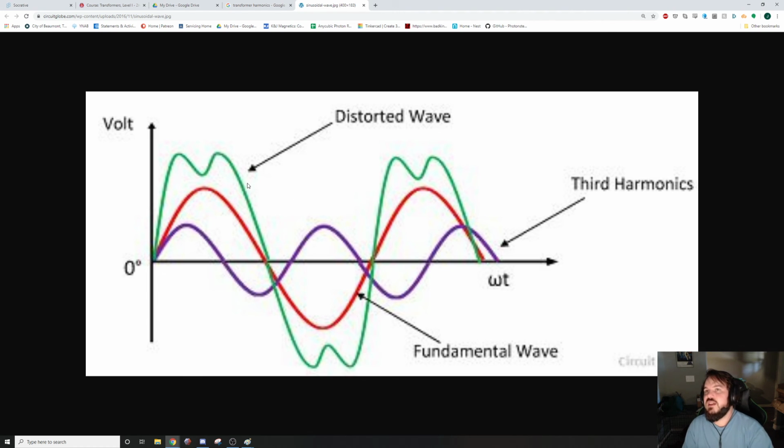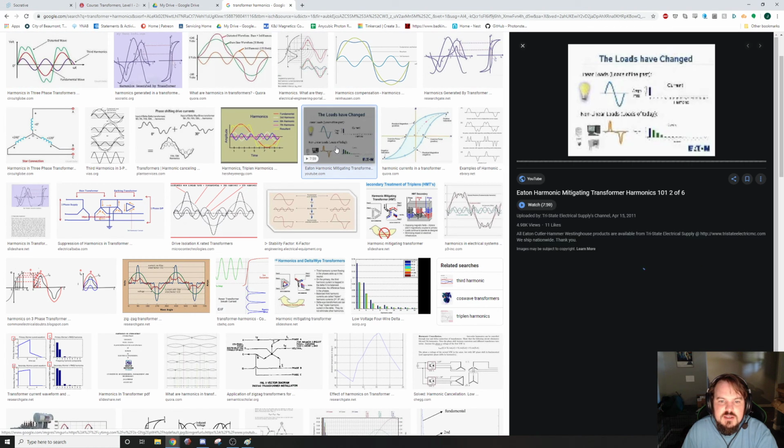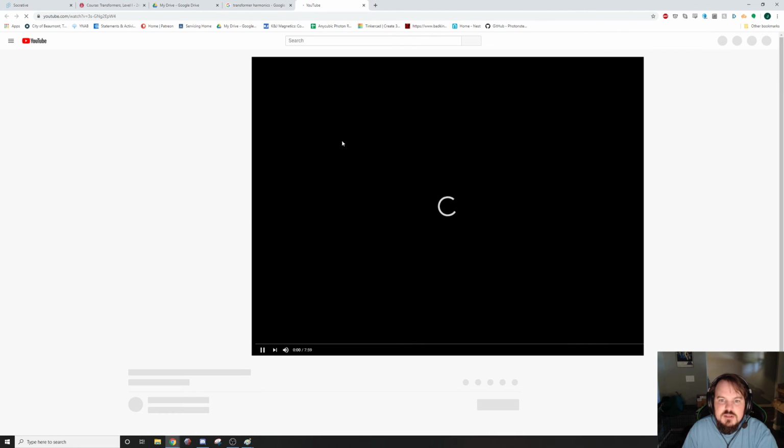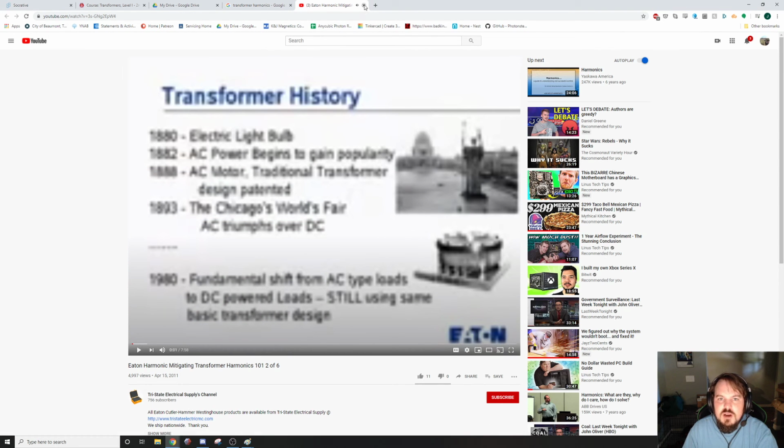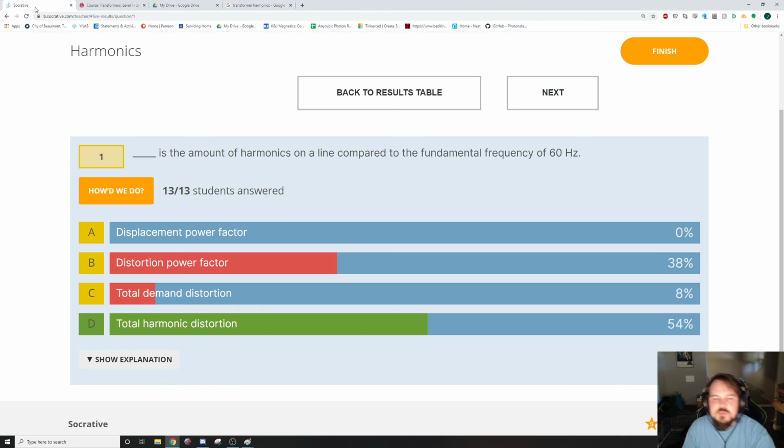It makes really, really weird waveforms. Basically, computer loads, computers, fluorescent lights, LEDs, they're causing these harmonic distortions and making power loads have lower quality.